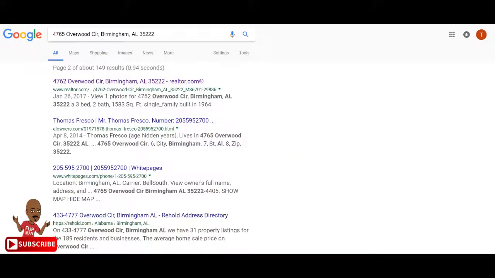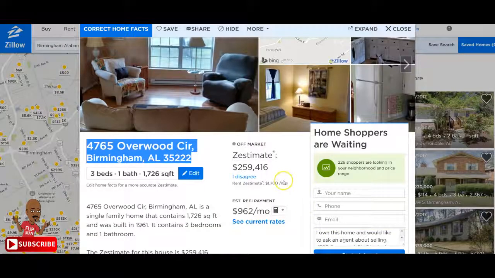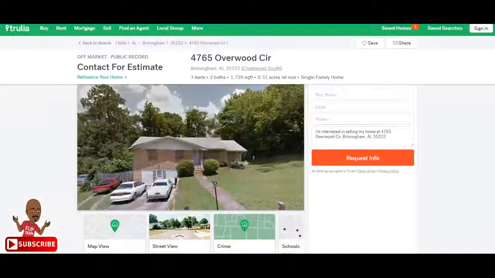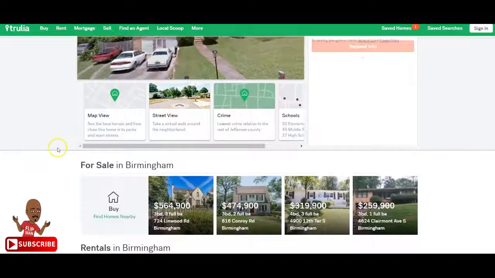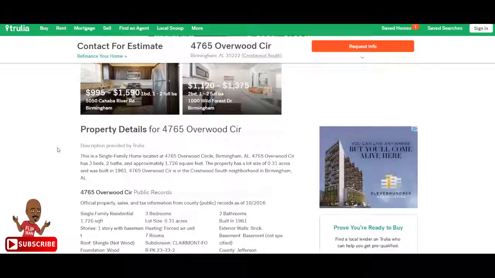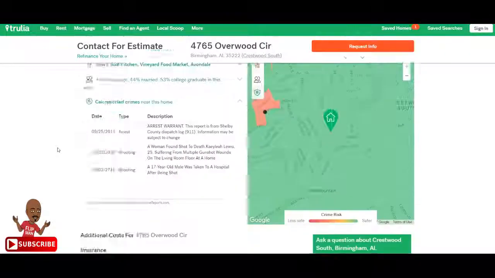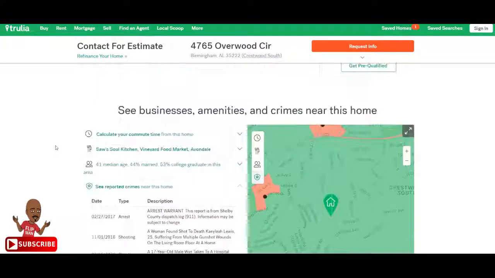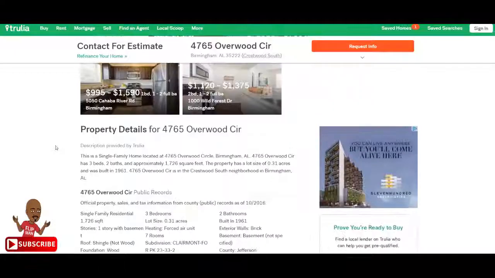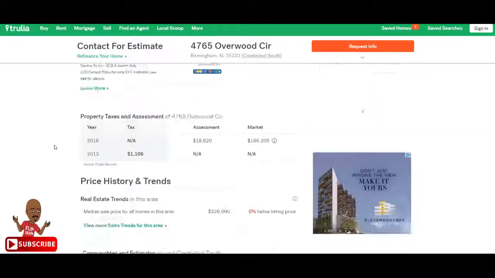All right, so I already pulled these up so it wouldn't take so long for these to populate. So Zillow is saying it's 259. Now Troy is a little different, and it's just not going to pop out. I think sometimes on the mobile version it will, but you have to sort of search for it on Troy.